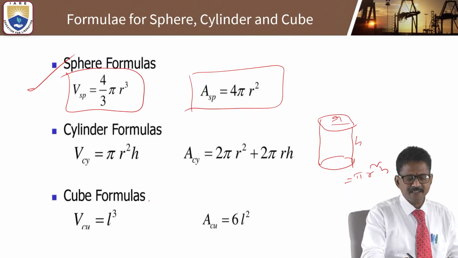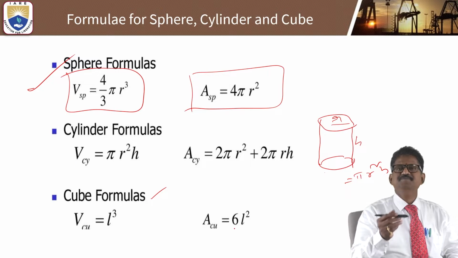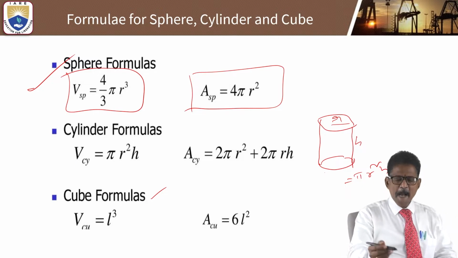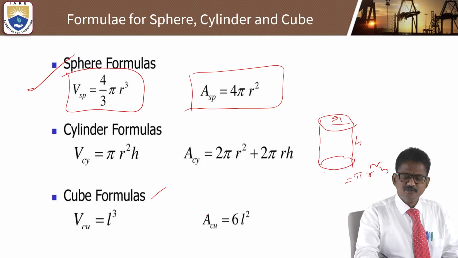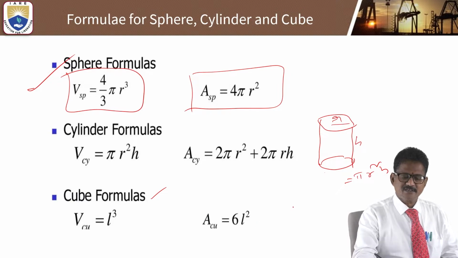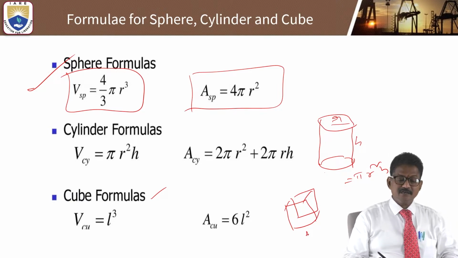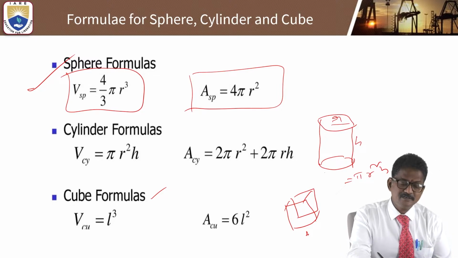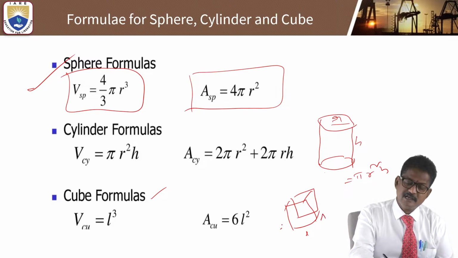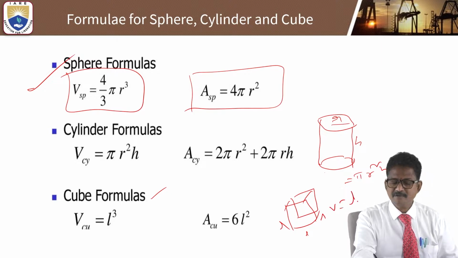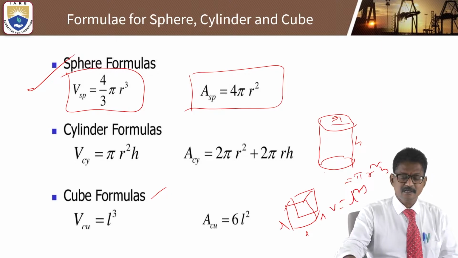Similarly, if you take the cube formulas, the surface area of the cube is 6L square. The volume is nothing but L into L into L, that is L cube.